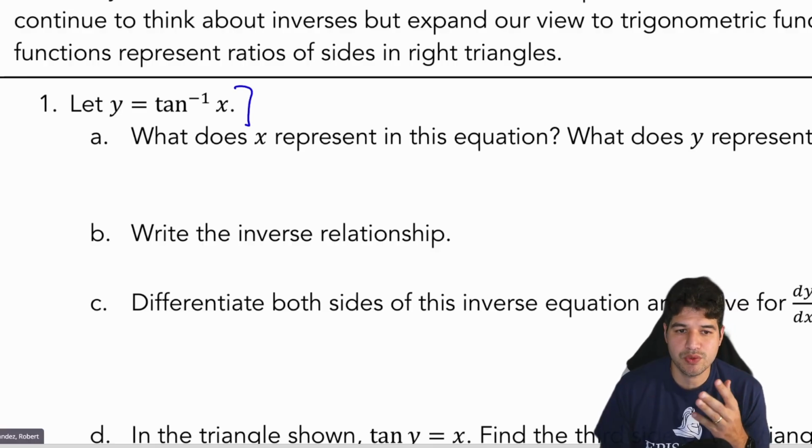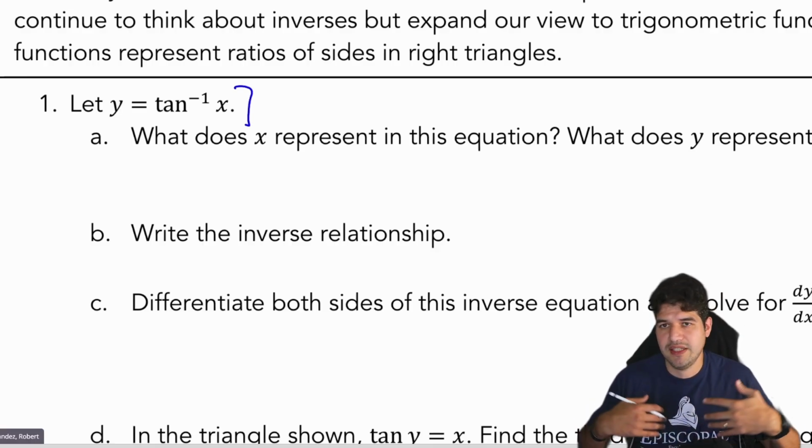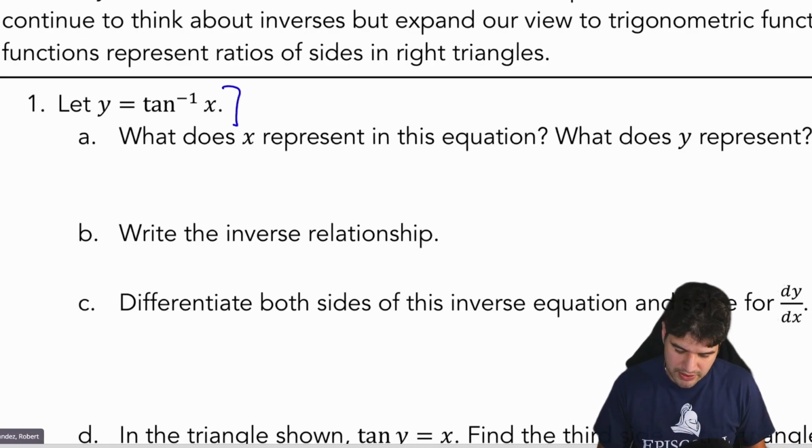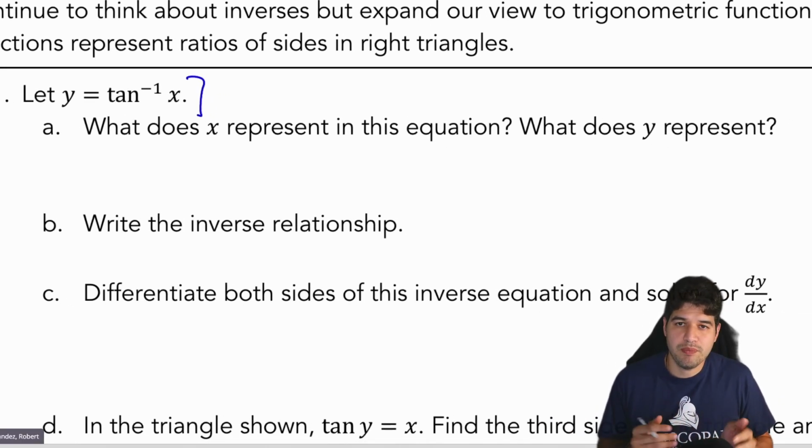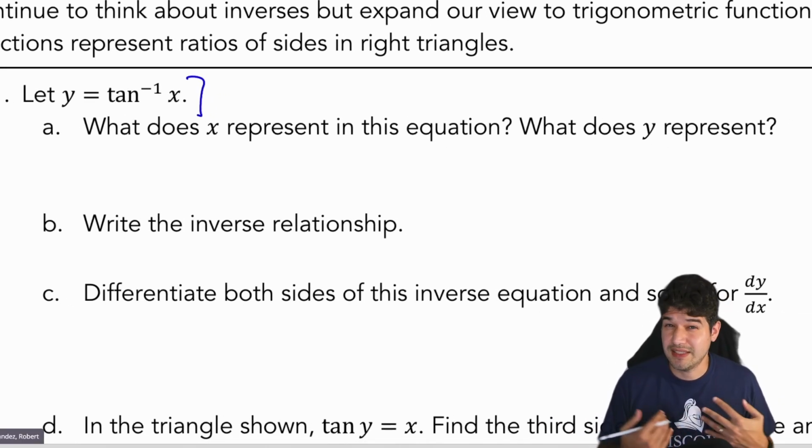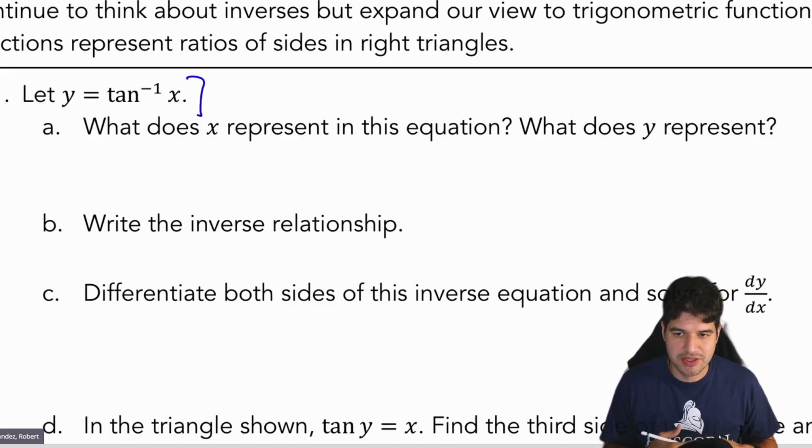So we know what the derivative of tangent of x is, but we want to think about some of these things in a more general sense. This is my preferred method, what I would call the discovery method about these inverse trig functions. And it's really nice to see how they get set up in this long way. But in our next video, you can start to memorize what these inverse trig derivatives are.